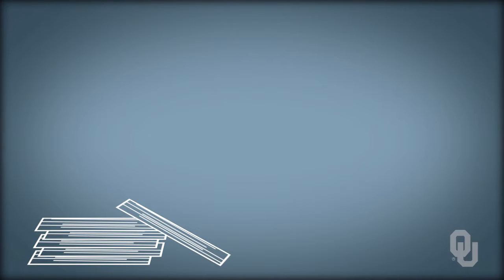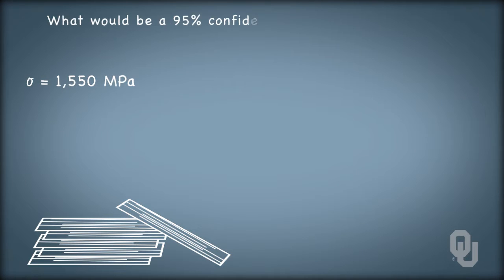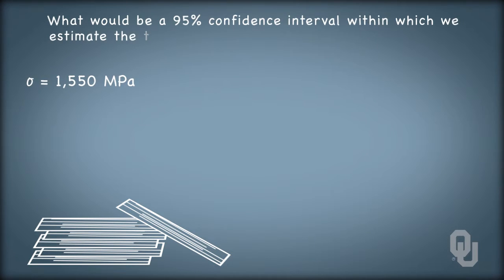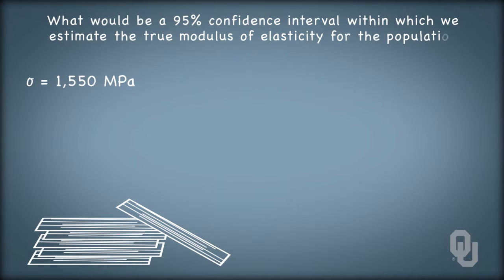Back to our lumber example. Assume you know the population of eastern white pine lumber has a modulus of elasticity standard deviation of sigma equals 1550 megapascals. What would be a 95% confidence interval within which we estimate the true modulus of elasticity for the population of eastern white pine lumber will fall?